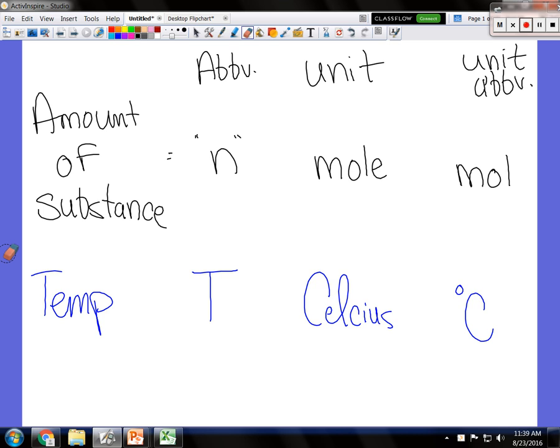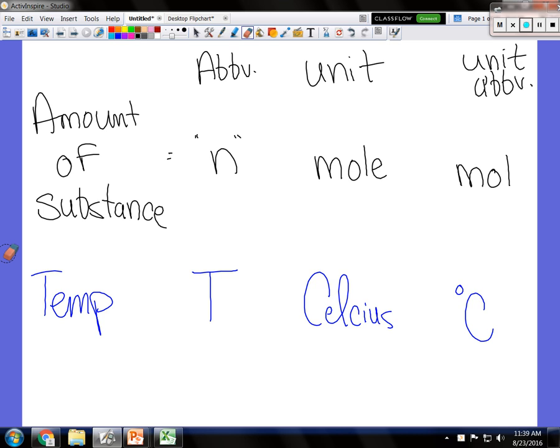Yes. What if I asked you to count the number of atoms in this thing? Could you do it? Now, it's physically impossible because you can't see them. However, through years and years of study and research and experimentation, we could actually determine the number of atoms in this thing through some basic calculations. And it's all dependent upon how much this thing weighs and the type of elements that are present.